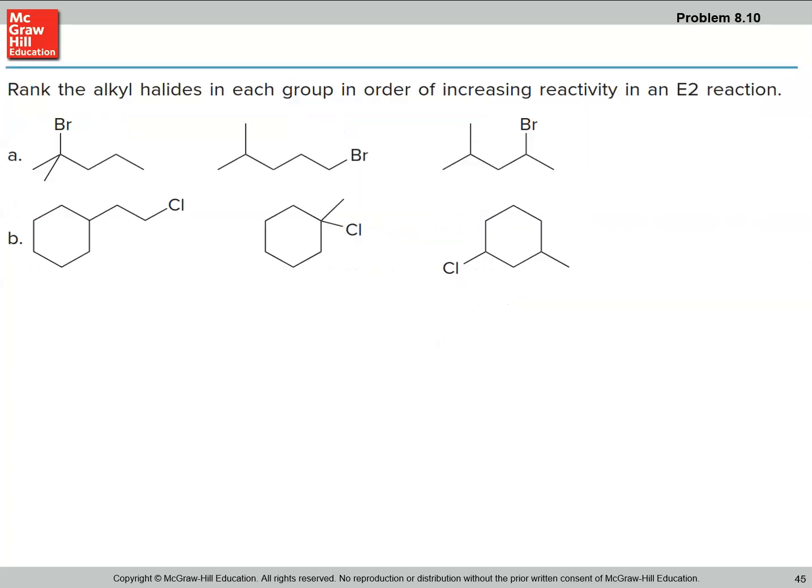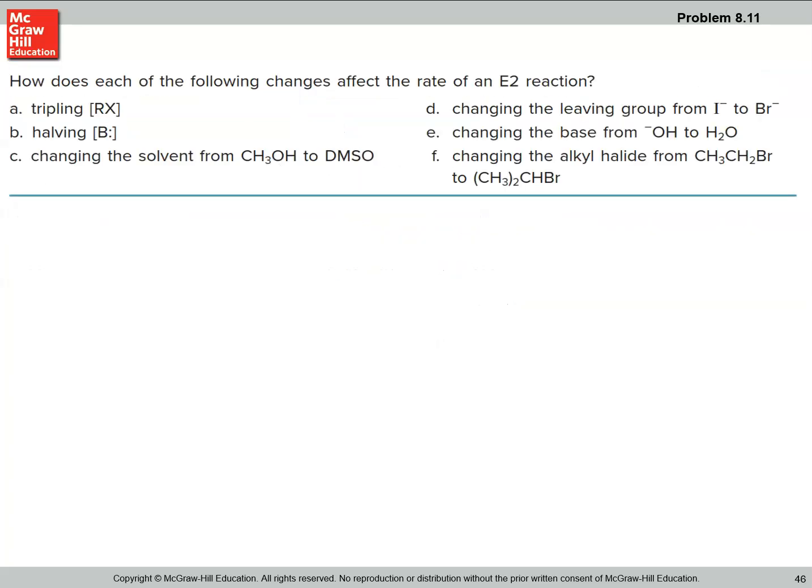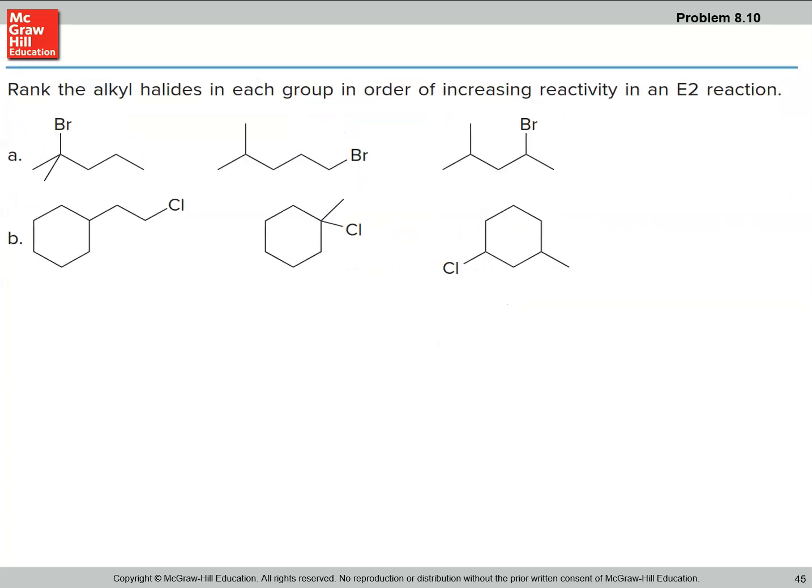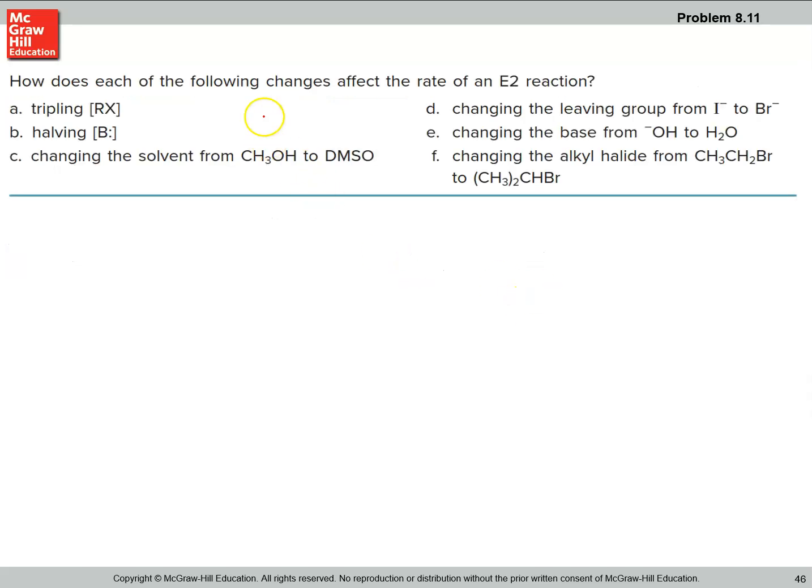And one more thing that I'd like you to do as well, I'd like you to go through these 2 different slides. So ranking the alkyl halide in each group in order of increasing reactivity in an E2 reaction. So work through that problem. And finally, looking at tripling the various components of an E2 reaction.